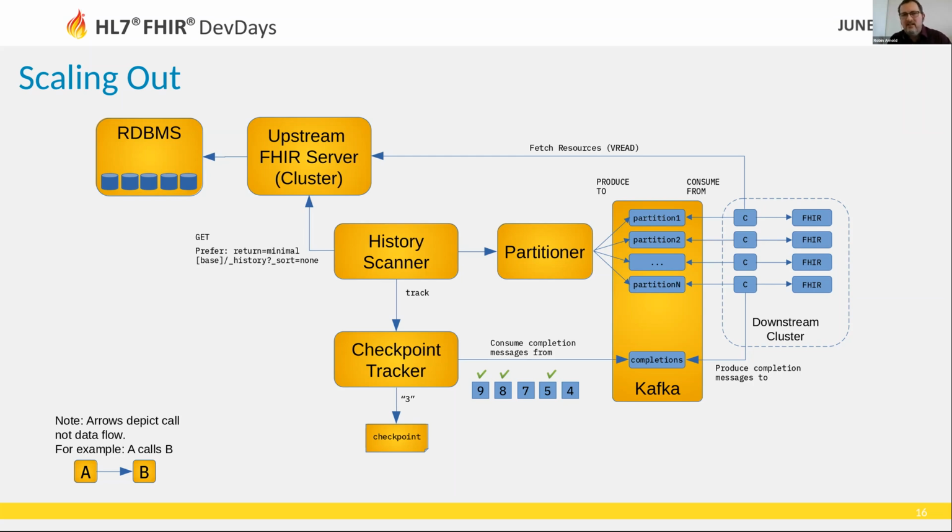Now, it's an important point to note about the messages that we put onto Kafka in this respect. Kafka, as you probably know, has configurable message size limits. I'm sure we've all come across FHIR resources that are pretty large, easily in excess of 1 megabyte.